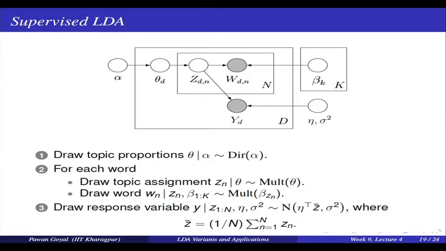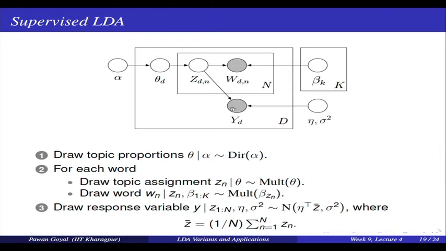You see this is the plate notation for the LDA model, which we had seen earlier. You have beta, K, alpha and all that. Now, what is additional here? You are drawing topic proportions, and for each word the topic assignment. Plus, for a given document, that is your data point, you are finding the topic distribution for the document.